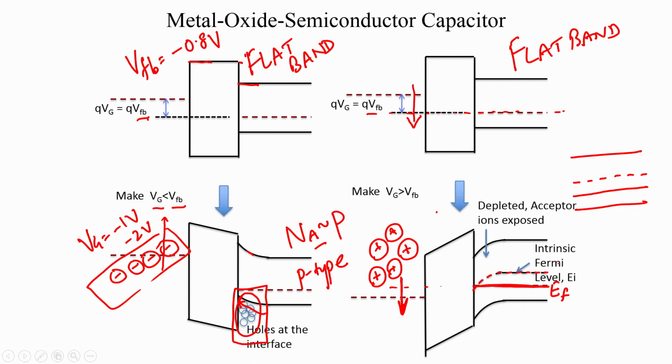And it is a very good indicator, because if you recollect, your electron concentration is dependent on the exponential of EF minus EI by kT.